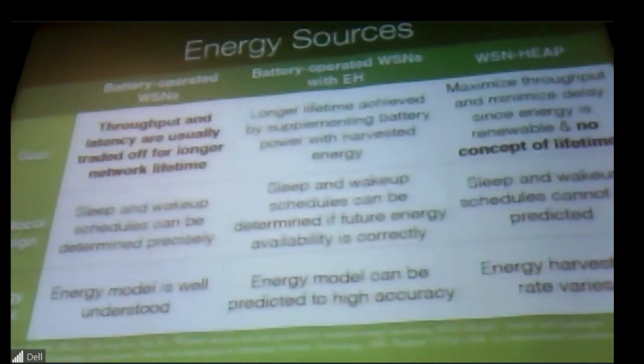Battery-operated sensor networks typically have a capacity of 2 AA batteries, and normally we want to prolong the lifetime of these networks, because if the batteries run out, we have to replace the batteries or the sensor node itself, which will happen eventually.